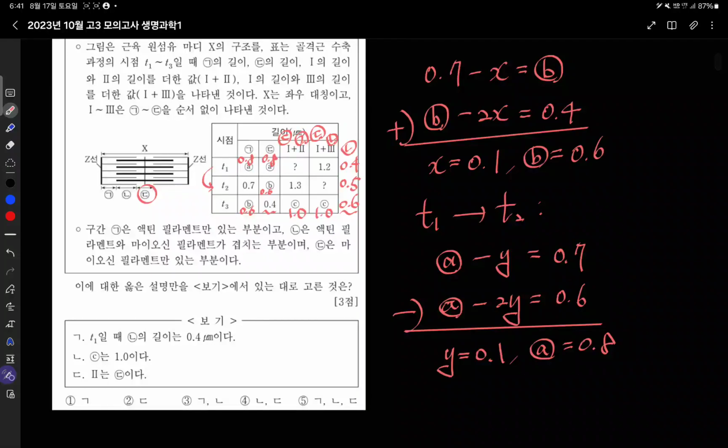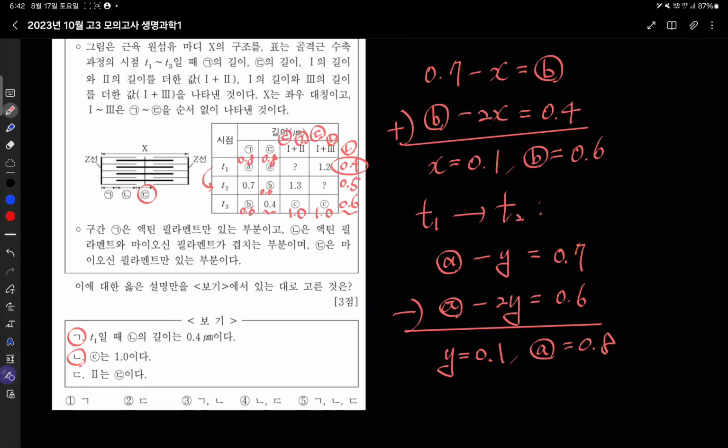So we want to find the right statements in the box below. So the first statement is true. At T1, the length of the second part is 0.4 micrometer.